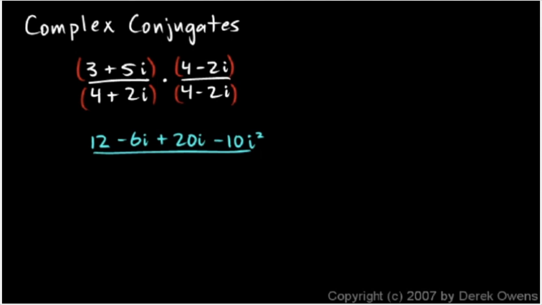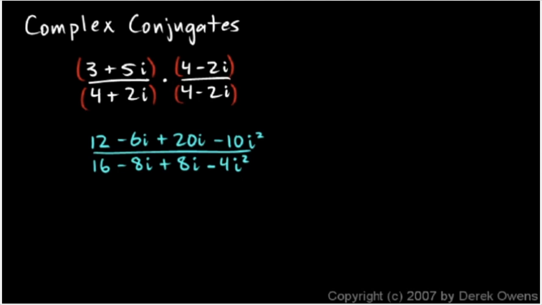Now the denominator. 4 times 4 is 16. And then the outer, I have 4 times minus 2i. That's minus 8i. And then I have 2i times 4. That's plus 8i. And then I have 2i times negative 2i. That's negative 4i squared.